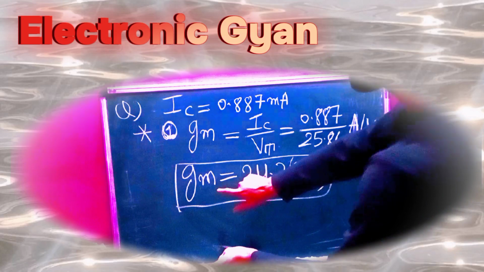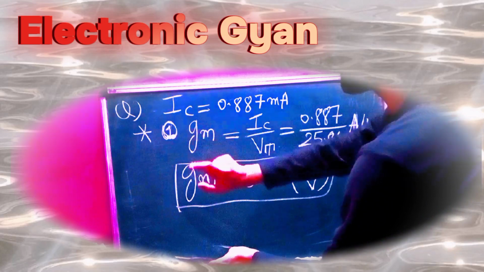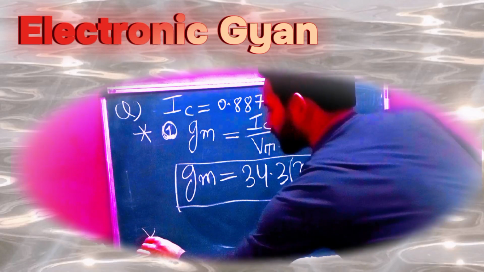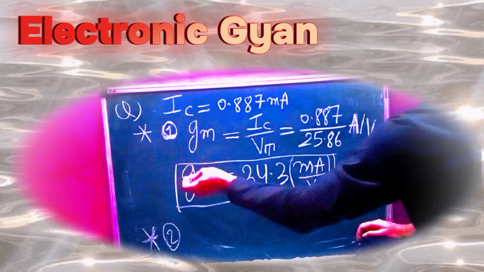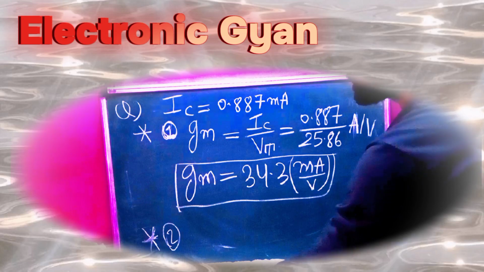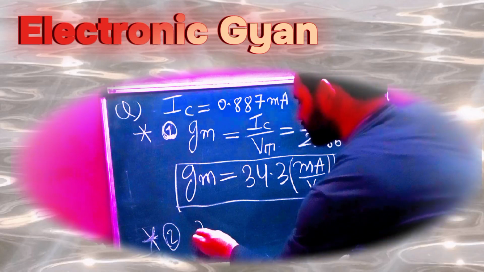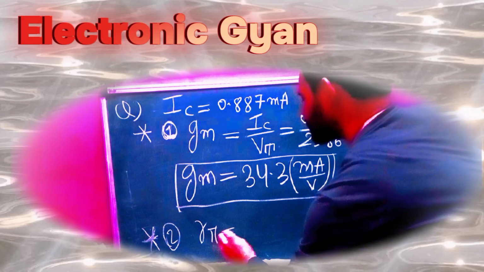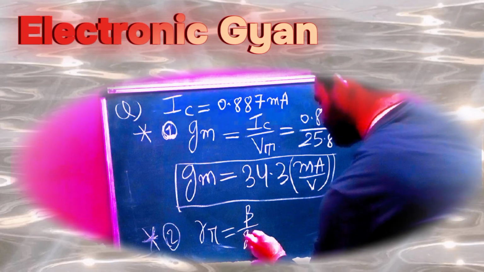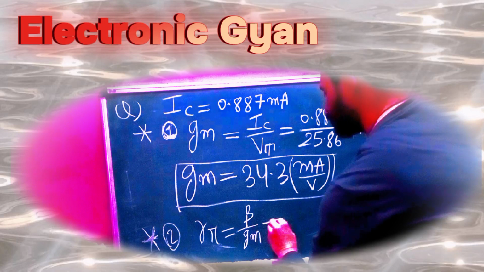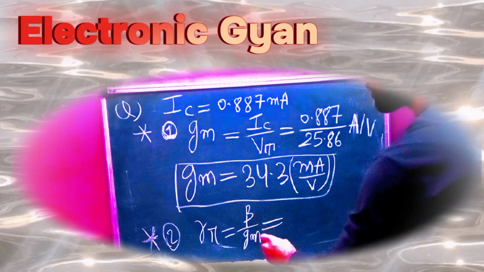Now we have obtained the transconductance, the first small signal parameter, and the second small signal parameter is the AC resistance of the transistor. What is the AC resistance of the transistor? It is nothing but my r pi. r pi is equal to beta by Gm. So this is my AC resistance of the transistor.